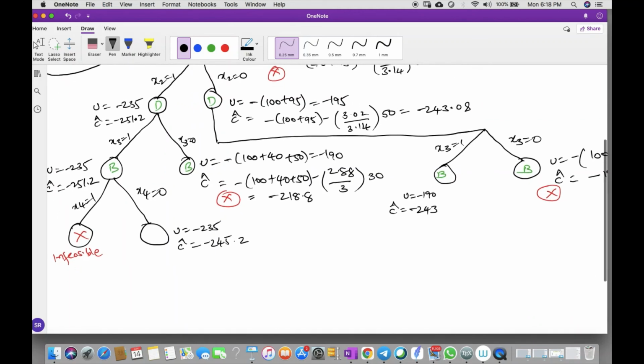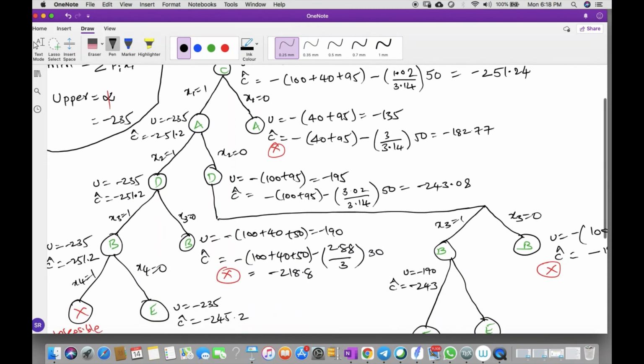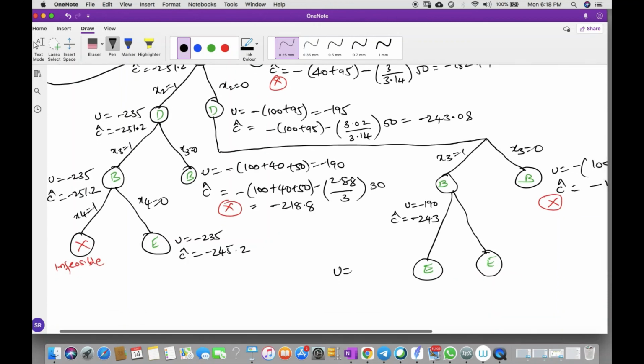So we can expand this particular node. Let us see how it is. When you expand this, we have node E, node E, and this is also node E. When you compute in the similar way, here we know that x1 is 1, x2 is 0 and x3 is 1, and here we are considering x4 is equal to 1 and x5 is equal to 1.